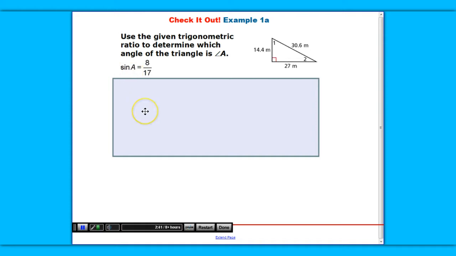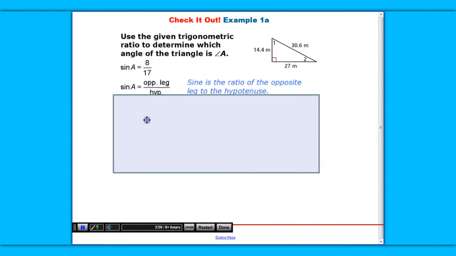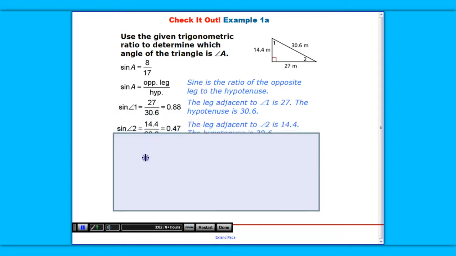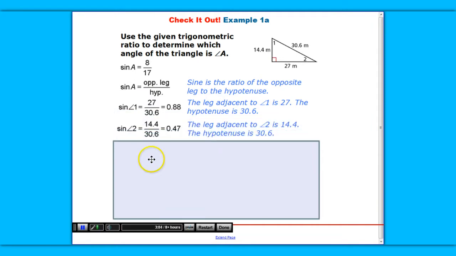So we have to recall that sine is opposite over hypotenuse. Opposite over hypotenuse for angle 1, opposite over hypotenuse for angle 2. So which of those ratios equals 8/17? And we simply substitute and find angle 1 and angle 2.